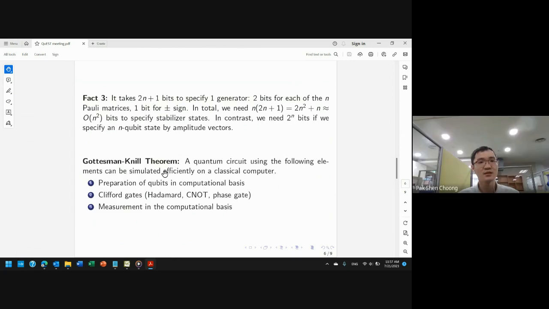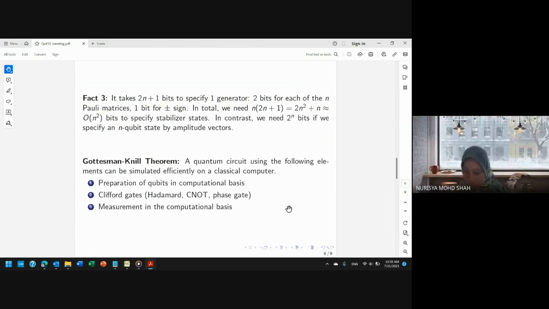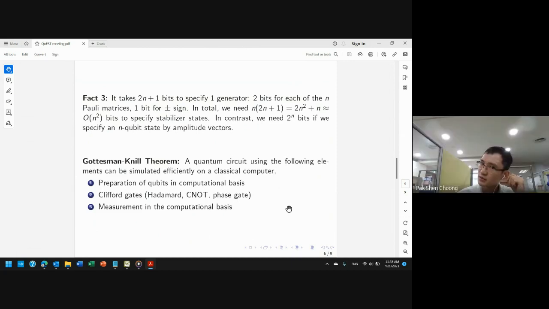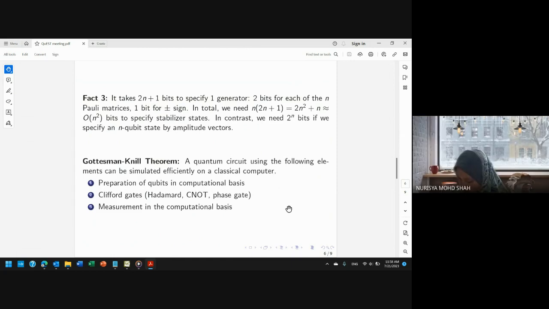So meaning that with just these three elements, you cannot really create whatever quantum state that you want. You're only going to reach a certain quantum state called the stabilizer states. So that's why, from a geometrical perspective, there are a lot of things that we can study here.